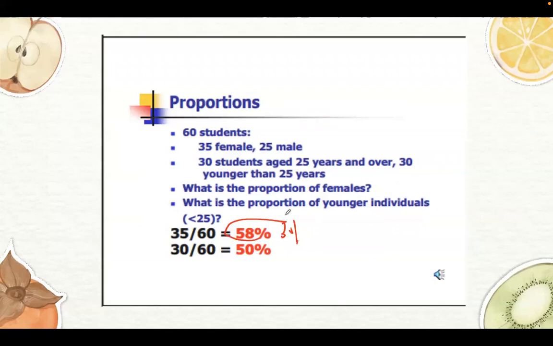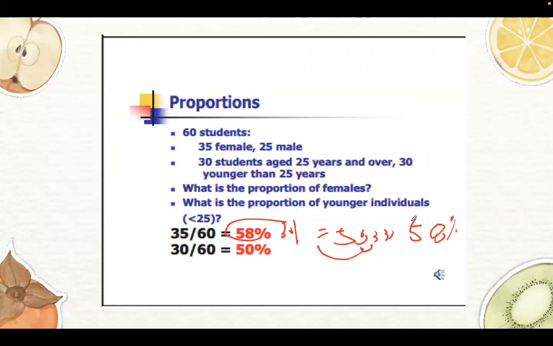So let's try to use a calculator. So parang 35 divided by 60 is equals to 0.58333. So pag in-express po natin siya, nilipat lang natin yung dalawang decimal points. Ang sagot po natin dyan ay 58%.